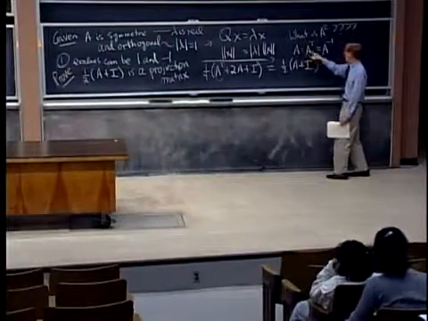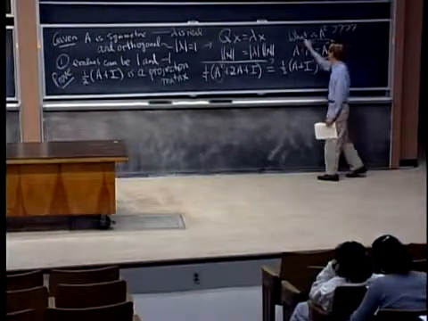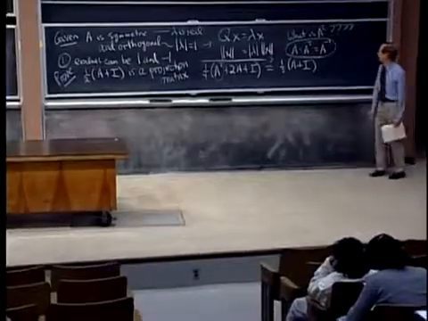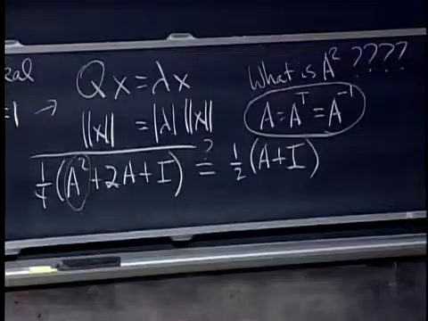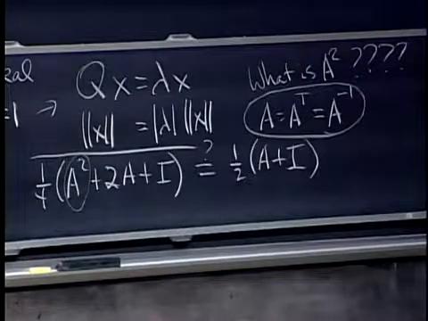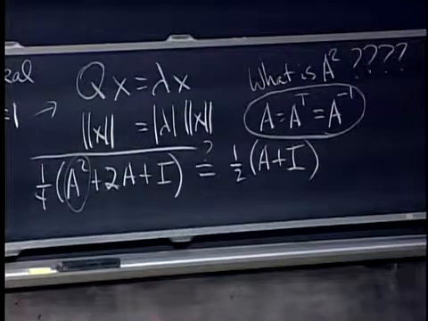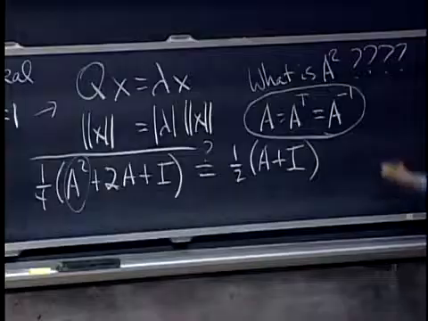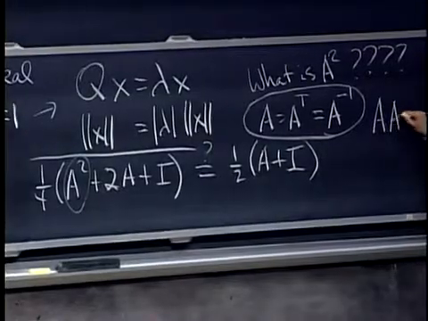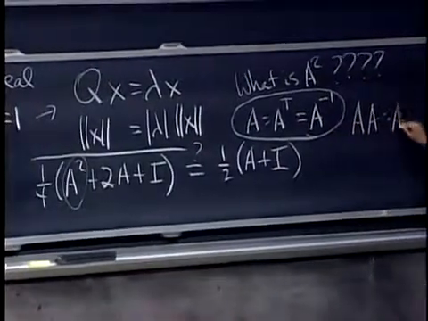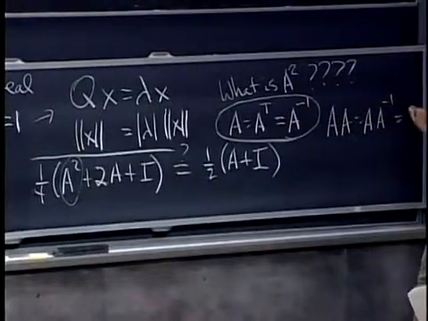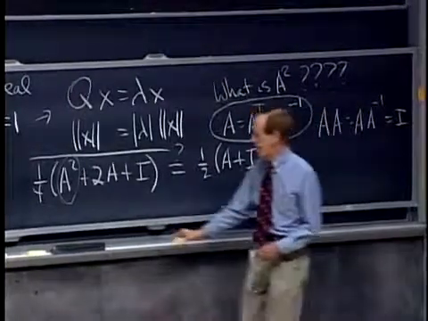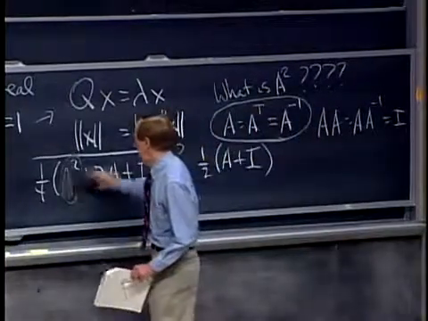It's symmetric and it's orthogonal. So what's A squared? I. A squared is I, because A equals its own inverse. So A times A is the same as A times A inverse, which is I. So this A squared here is I.